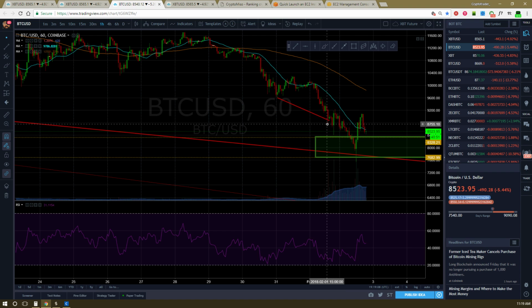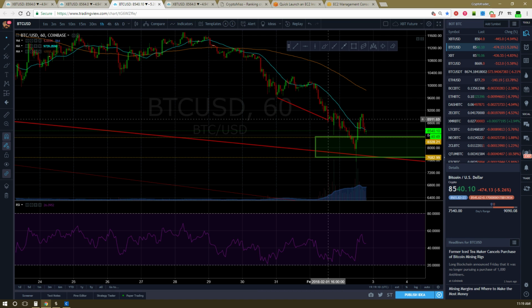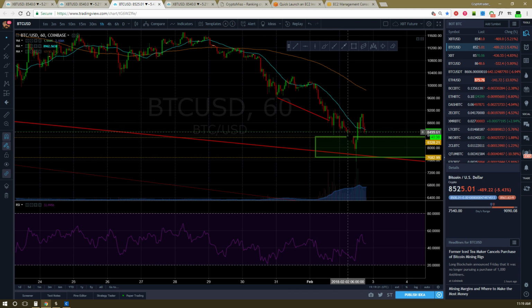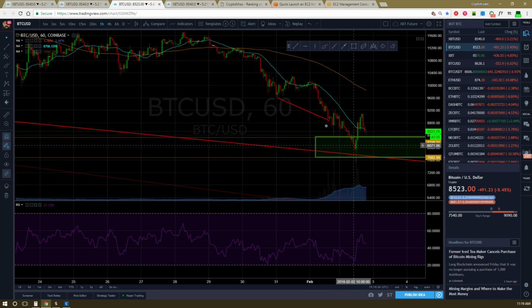I bought right here and went long, and then it went up, and then I saw it coming back down. I saw this RSI and figured I'd just stay in. It went all the way down, and bam, I got liquidated right in the area I should have waited for. I lost 50 bucks on that one.